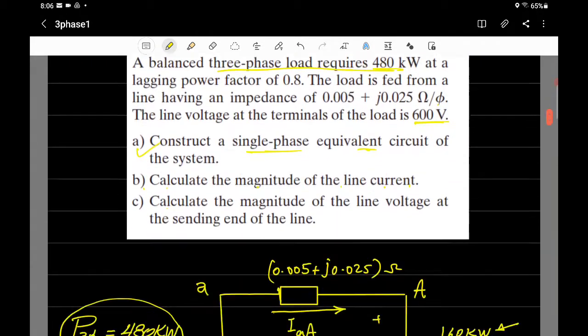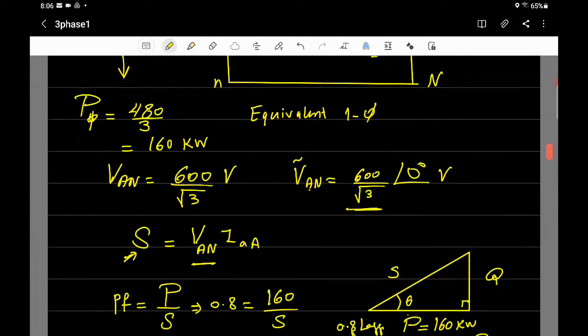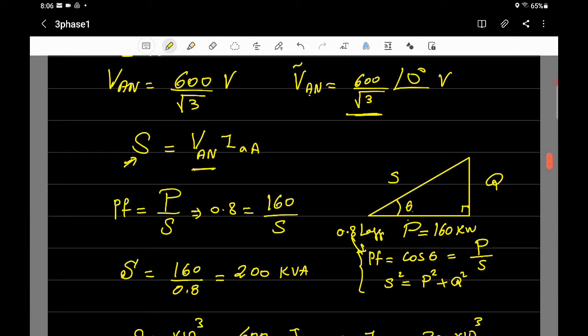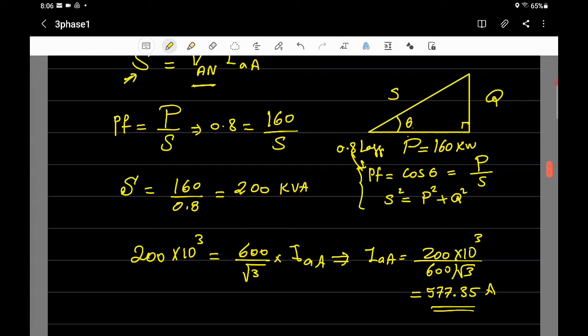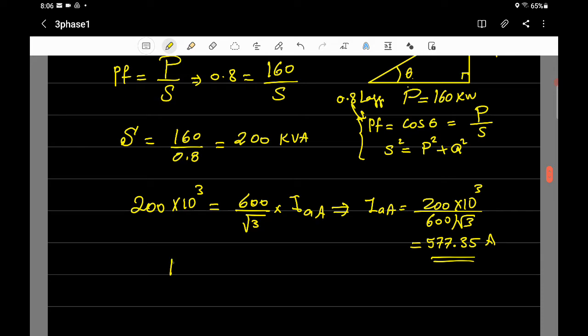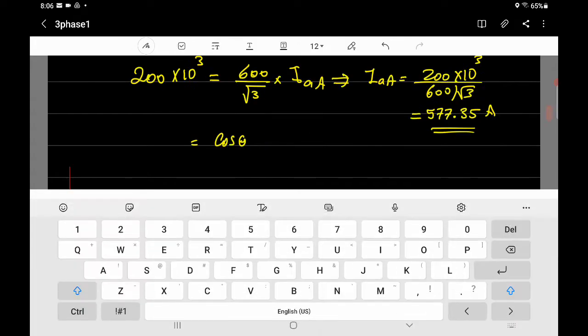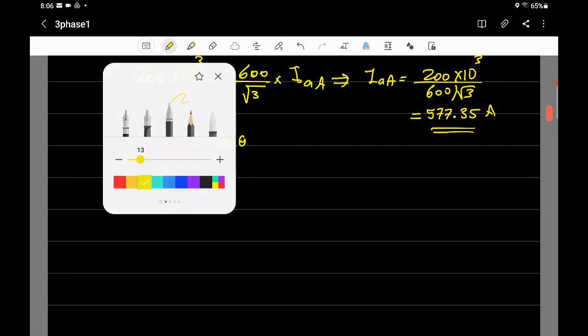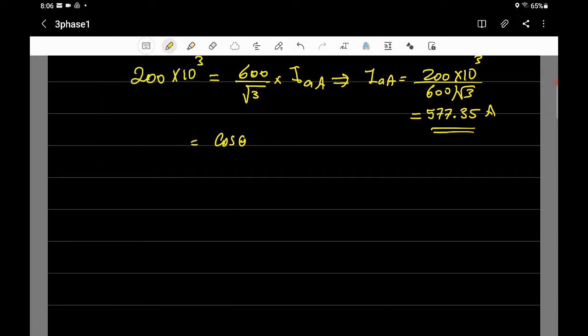Do you have theta? We have theta here, the voltage angle, but we don't know it. But we have the relationship between power factor and cosine theta. So what should you do? Use this formula: power factor is equal to cosine theta. Power factor is 0.8, so replace it with 0.8.